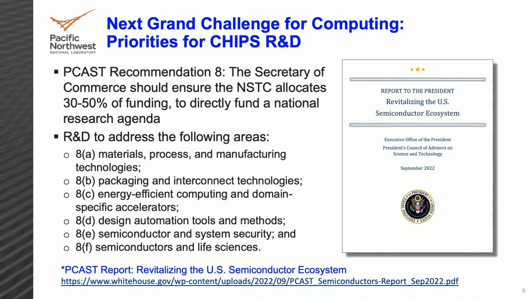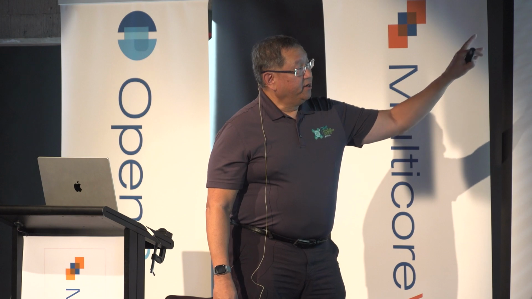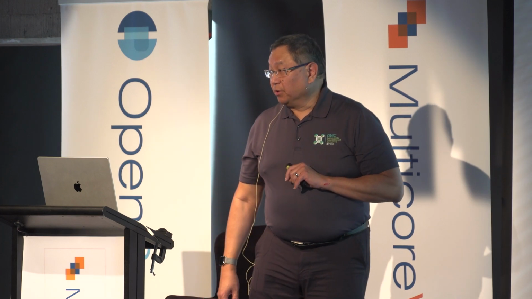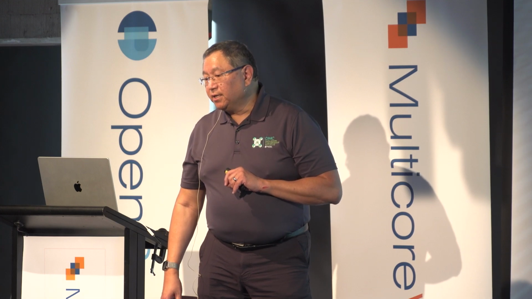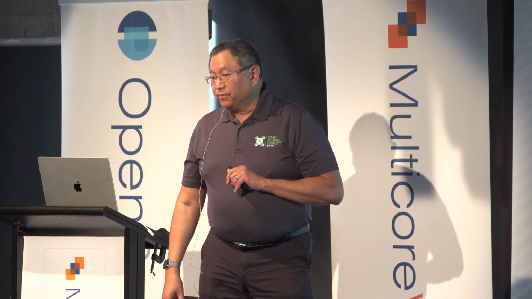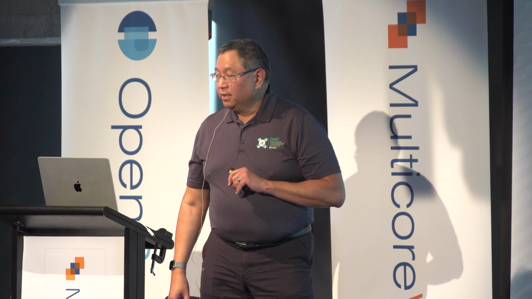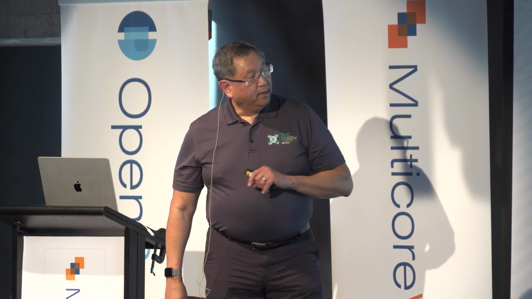See, about a year and a half ago, within the U.S. government, there's the President's Council of Advisors on Science and Technology, and they listed a set of research recommendations directed towards the Secretary of Commerce. And Gina Raimondo is leading the NIST investment in the CHIPS Act.